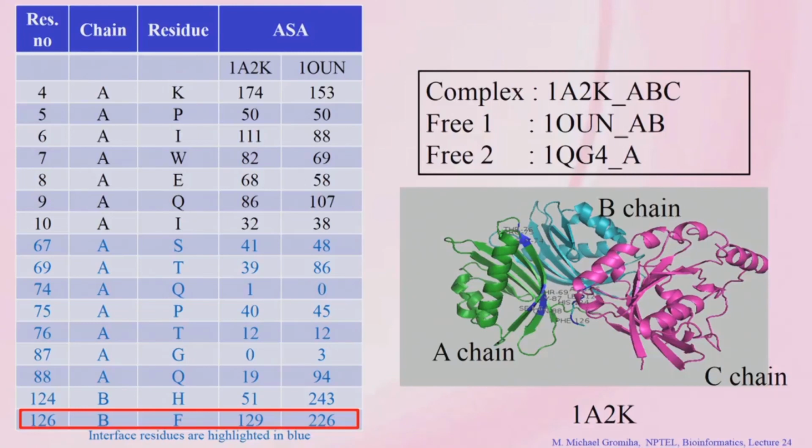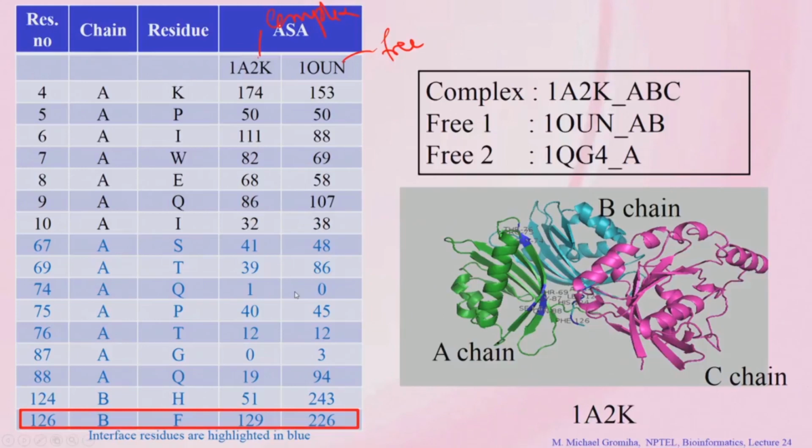This is the complex 1A2K, and this is the free protein. In some cases the free protein is higher than the complex, and vice versa in some other cases. If it is reduced in the complex, then these residues are identified as the binding site residues, fine.